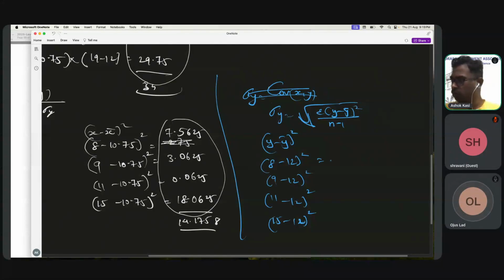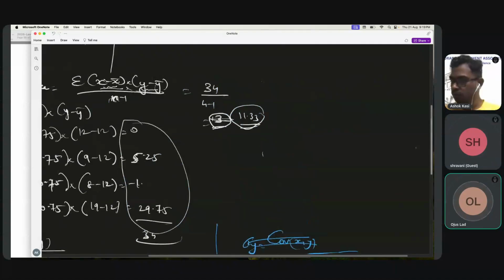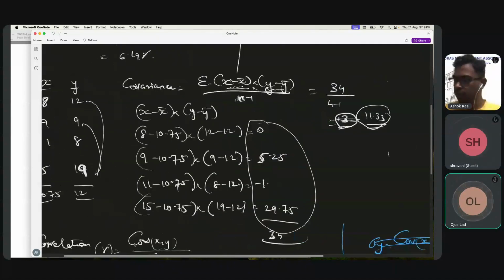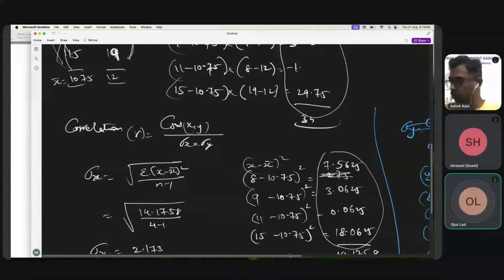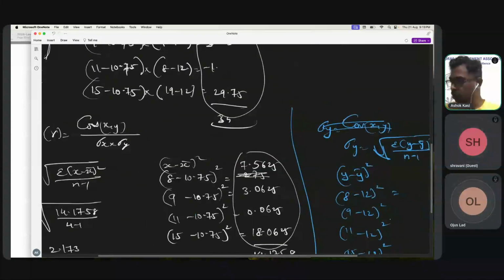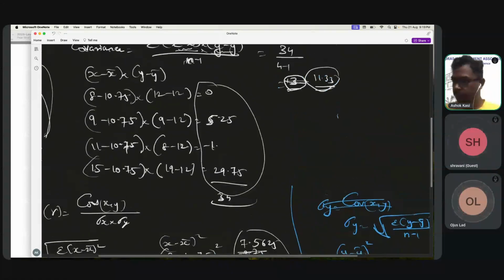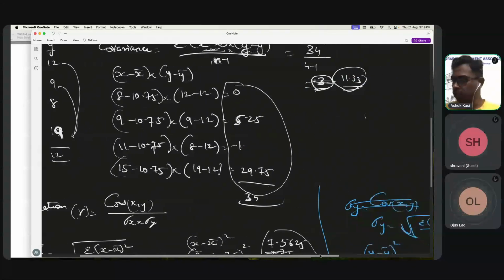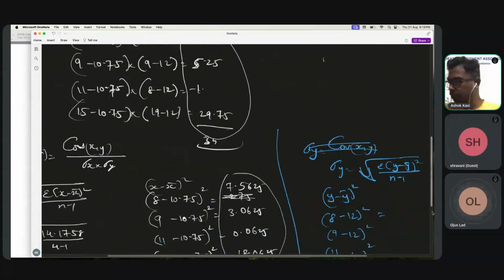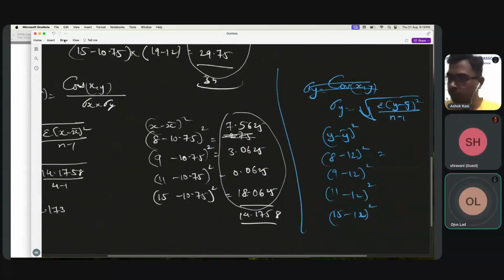First one will be 0, since it's 12 minus 12.